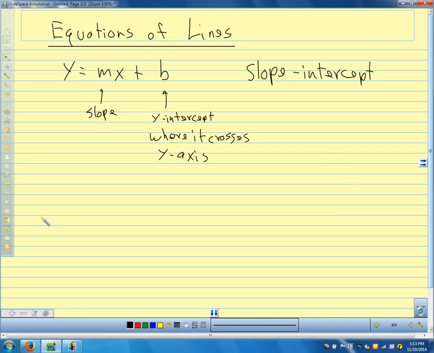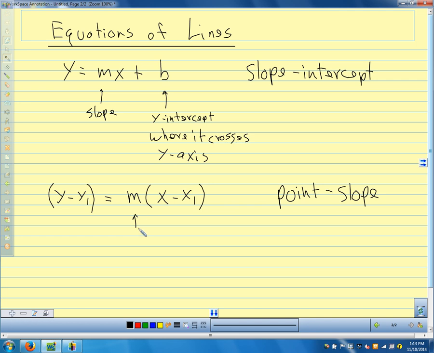The other one that we'll use is y minus y1 equals m(x minus x1). Anybody remember what the name of this one is? We call this one point slope.